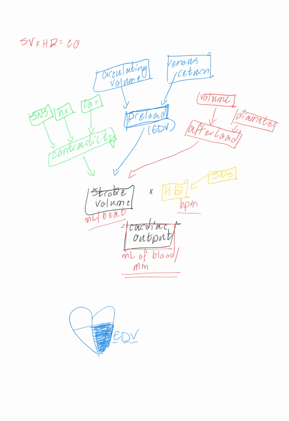There's two things that make up preload: circulating volume and venous return. That's a way of saying there's two things that make up end diastolic volume. If you have a greater circulating volume, so that's just the amount of blood that you have in your body, you are going to have an increased preload, and therefore an increased stroke volume, and therefore an increased cardiac output.